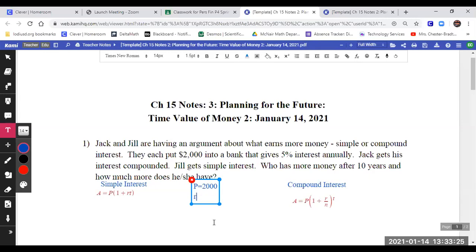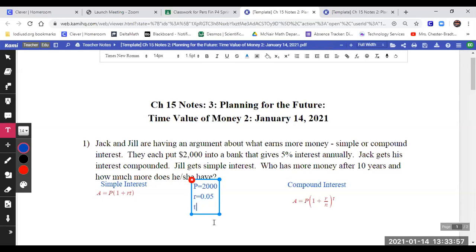What is the rate number, which is the interest as a decimal? How do we write that percent as a decimal? 0.05, because we jumped twice.